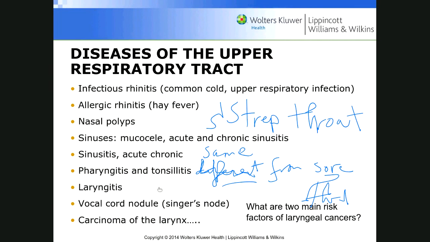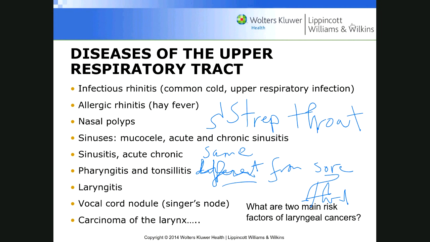Pharyngitis is the same thing as sore throat, and tonsillitis is pretty much the same thing. The other thing with streptococcus is that oftentimes you see a white sheen on the back of your throat, and on the roof of the mouth you might see red blotches. So that's strep throat.